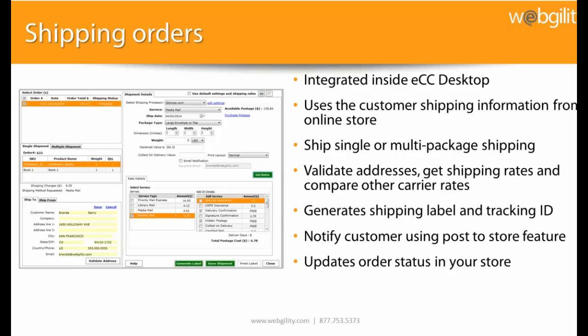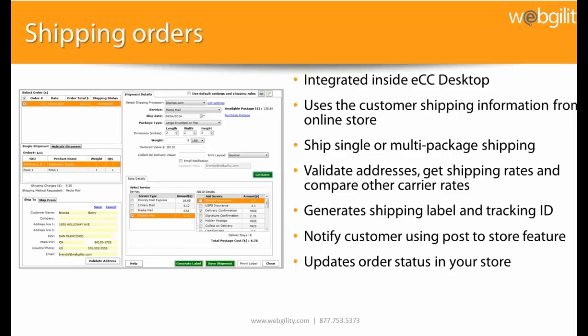As you can see, it also gets the shipping charge that the customer has paid within the order right over here, and also the shipping method requested, which is the shipping method that was selected by the user in the online order at the time the online order was being created. So since that's integrated inside of ECC Desktop, it really allows you to have that full integration and that one place to manage all your orders and ship your orders.